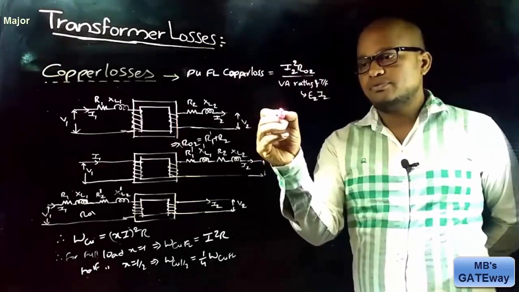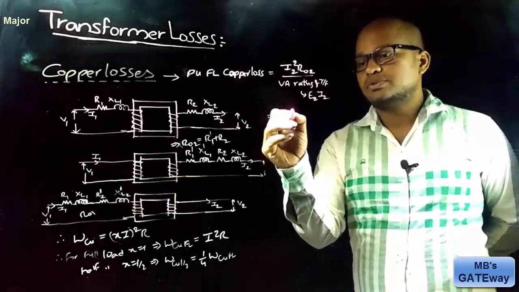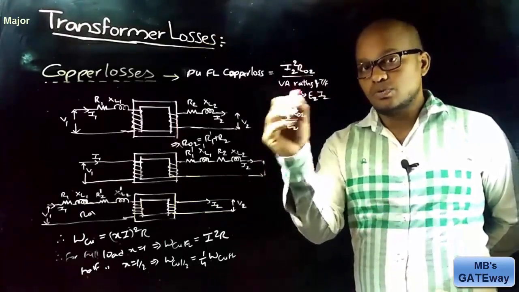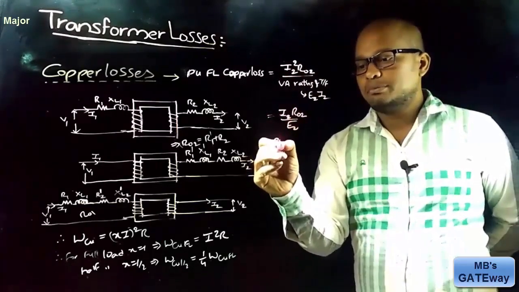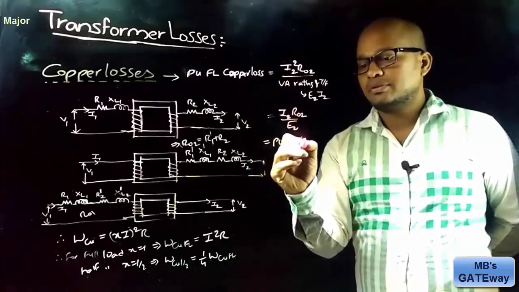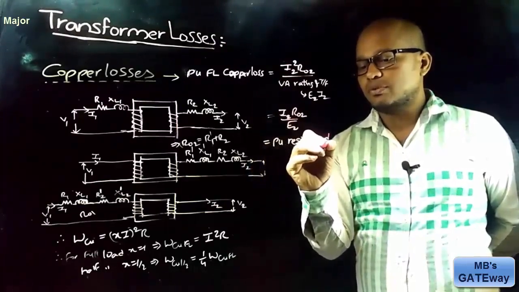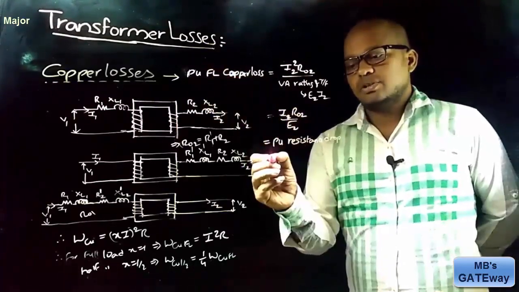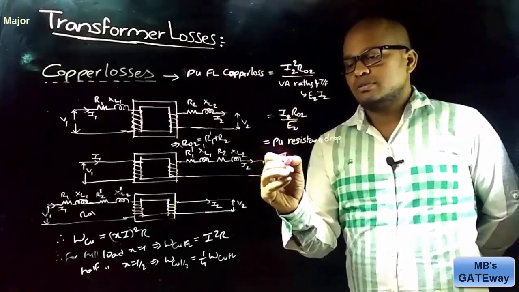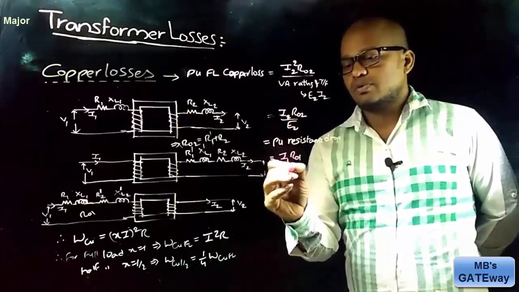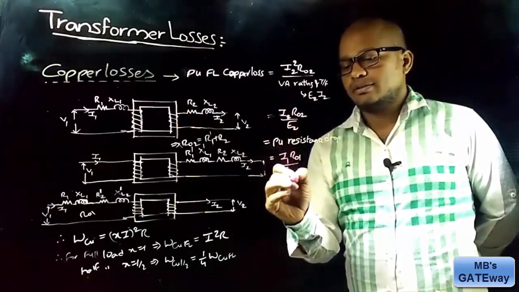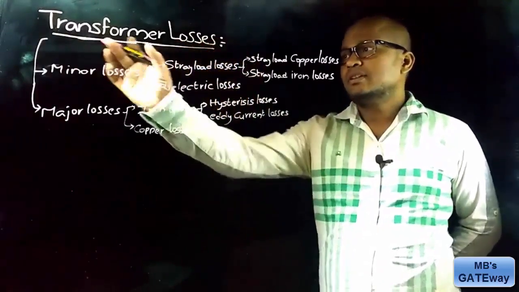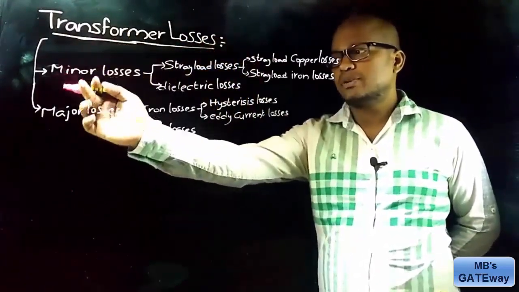That implies per unit full load copper loss is equal to I2 into R02 by E2, which is equal to per unit resistance drop. This is the important relation which we will get from the copper losses topic, and you can also equate this to I1 R01 by E1.